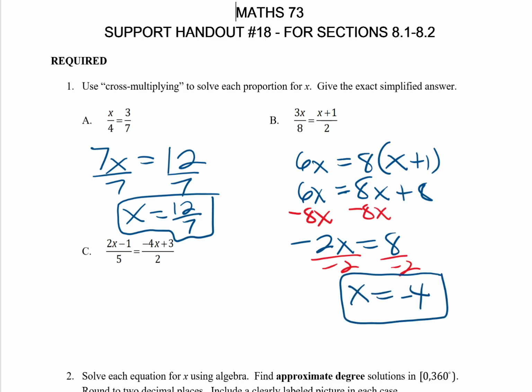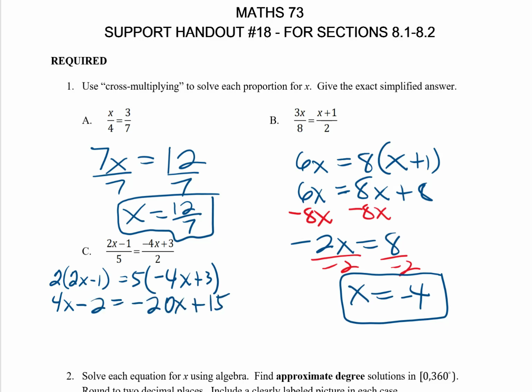And then similarly on letter C, 2 times the 2x minus 1 must be equal to 5 times the negative 4x plus 3. I'll go ahead and distribute: 4x minus 2, negative 20x plus 15.